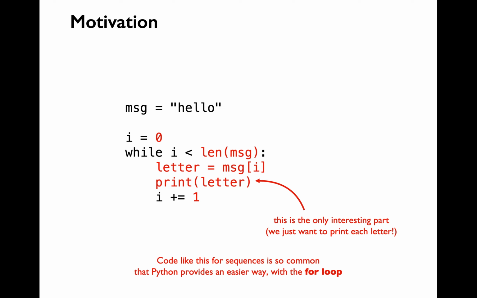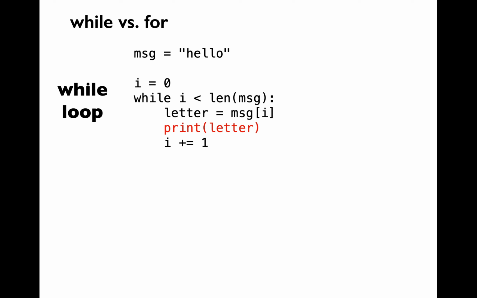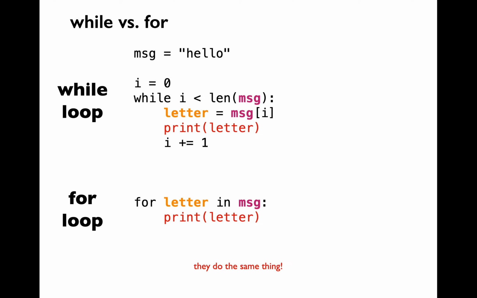Code like this is so common on sequences that there is an easier way to do this in Python, and the easier way is by using a for loop. Let's understand the syntax of the for loop. Instead of using this lengthy loop body, we are now going to have a very concise loop with the syntax: for variable name in another variable name colon, and then you're going to simply use the first variable name, which is going to extract each of those characters.